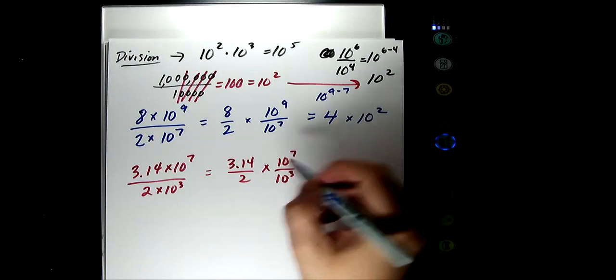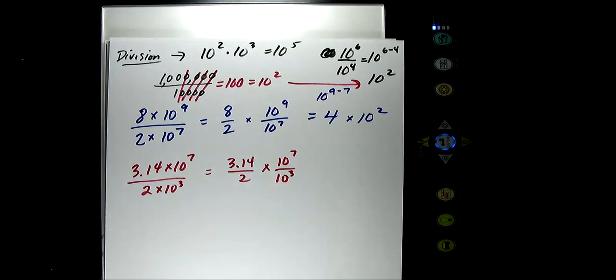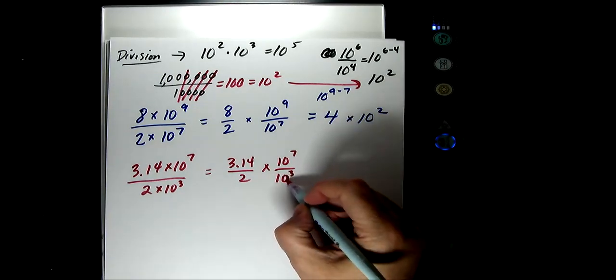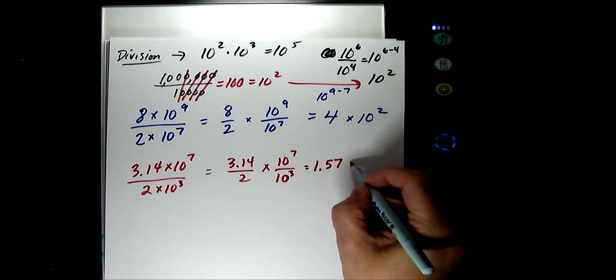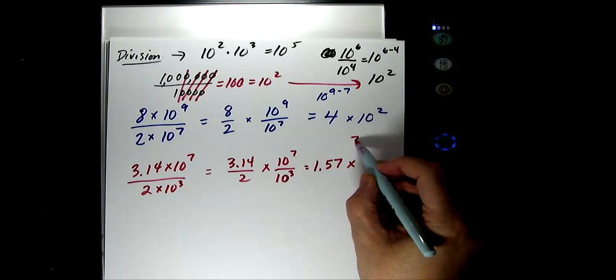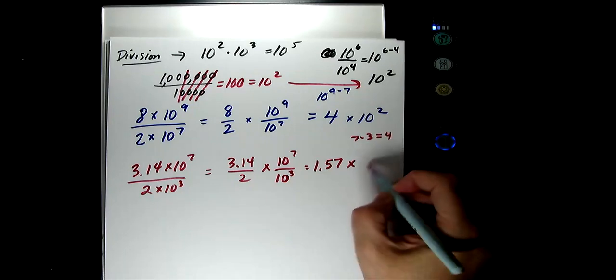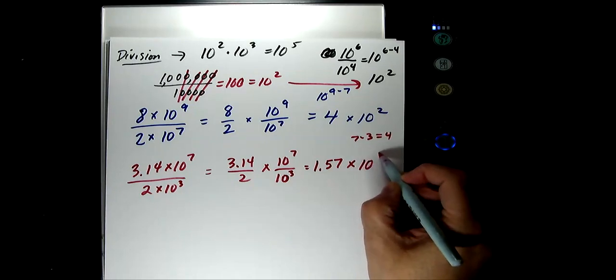You can still do it in parts. I just don't know what 3.14 divided by 2 is. If you throw it in a calculator, you're going to get 1.57. And then 7 minus 3 is 4. So this is 10 to the 4th power.